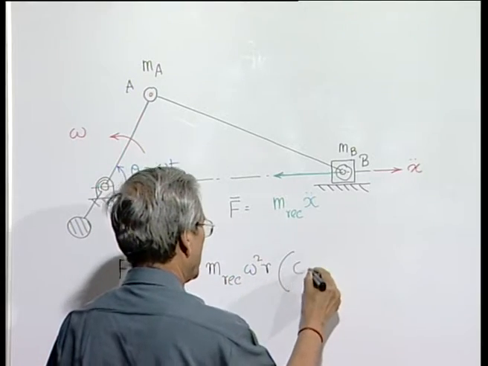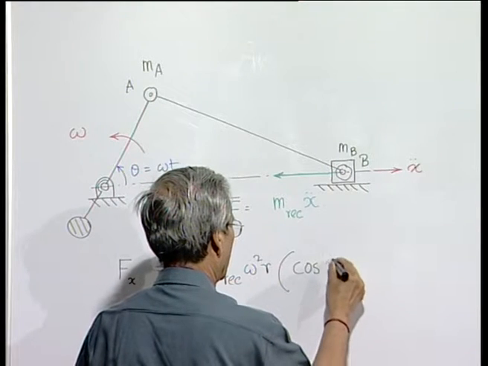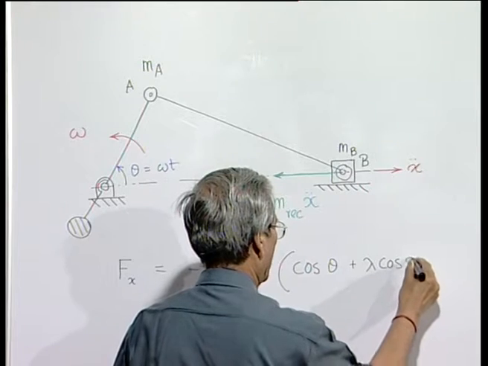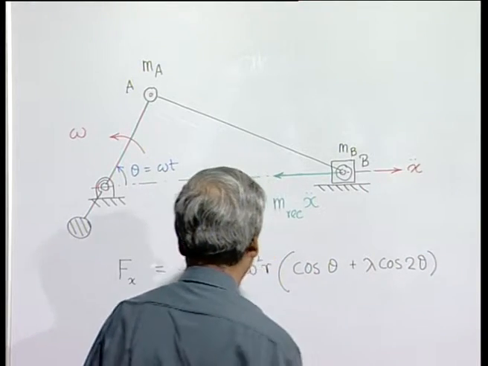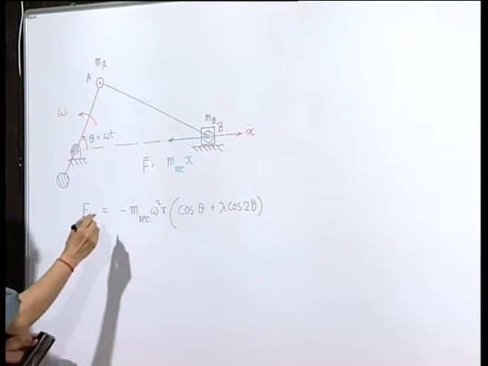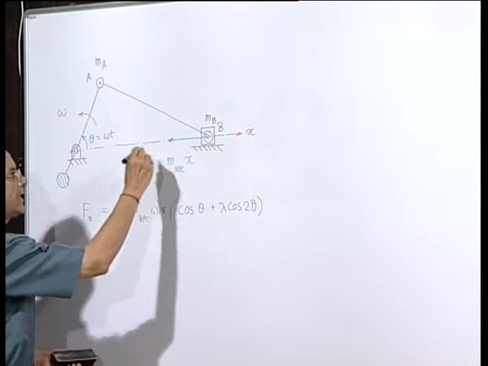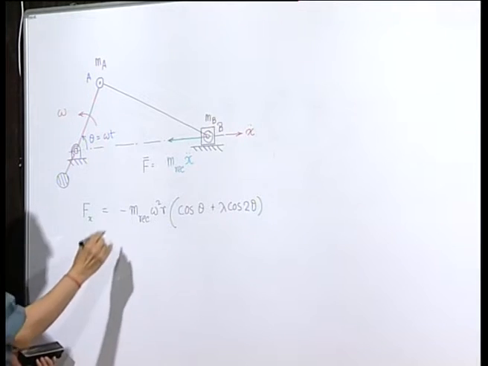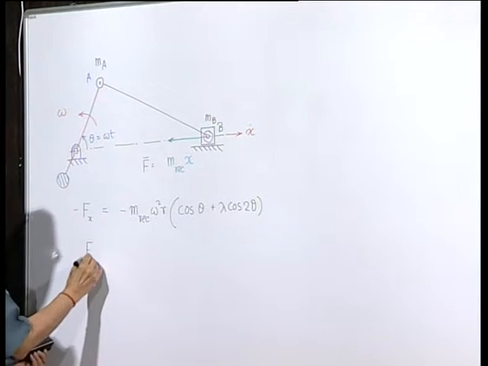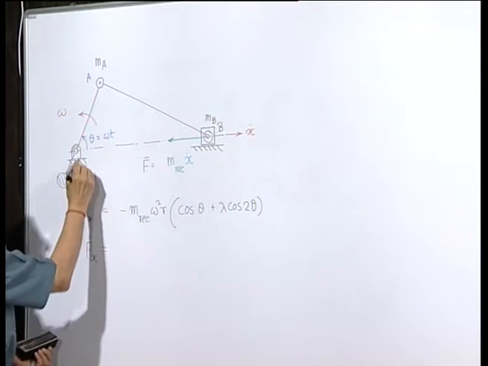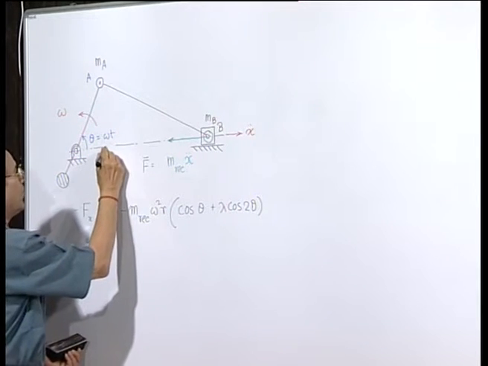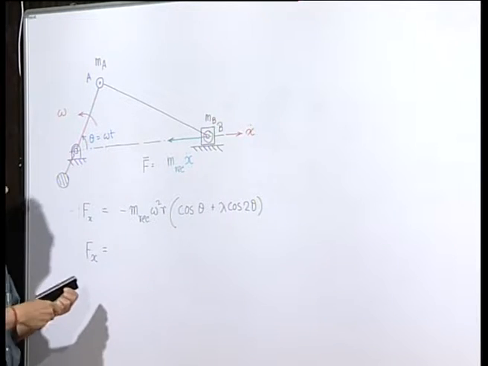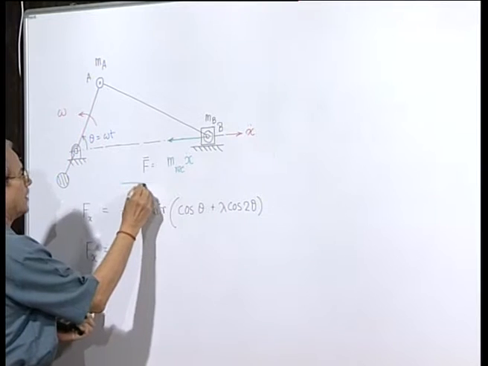it will have two parts. Or in a way we can say that force is acting in this direction, that means f x, that is the force acting on the whole system as an inertia force in this direction.